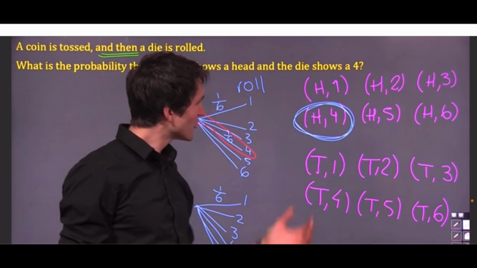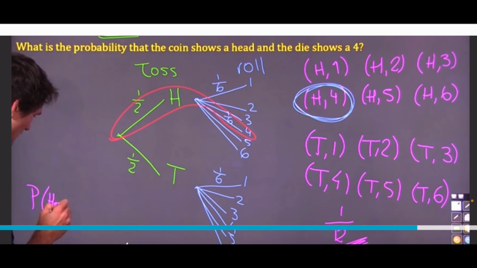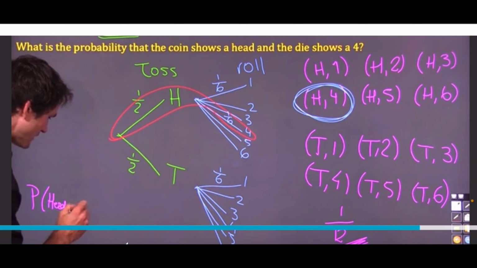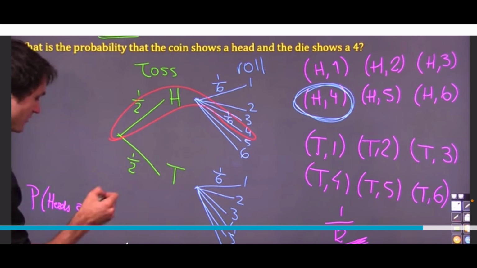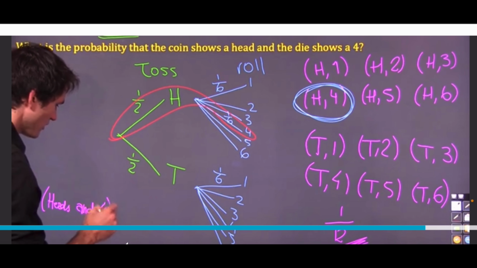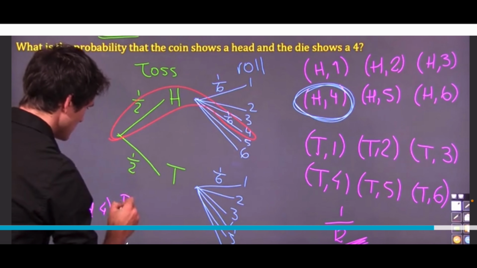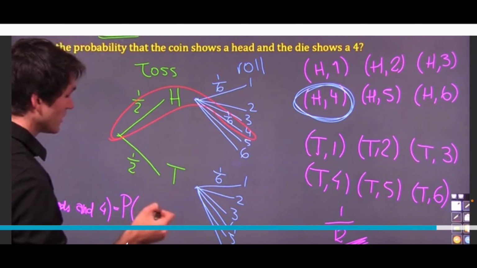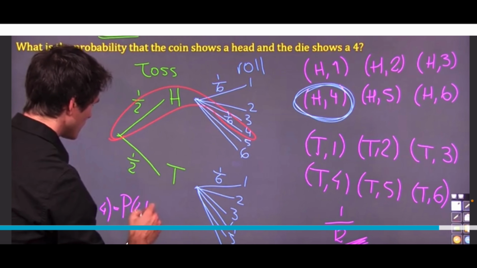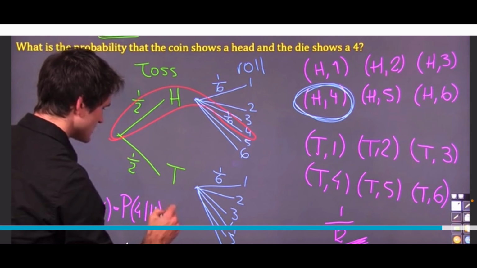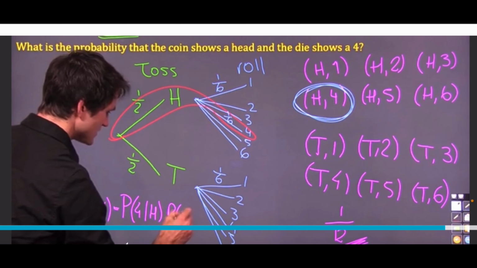Now looking at this here, I can also calculate the same way, right? Because the probability of heads and then getting a 4 on a die, we'll just write this as 4, equals the probability of 4, given that you got heads, times the probability of heads.